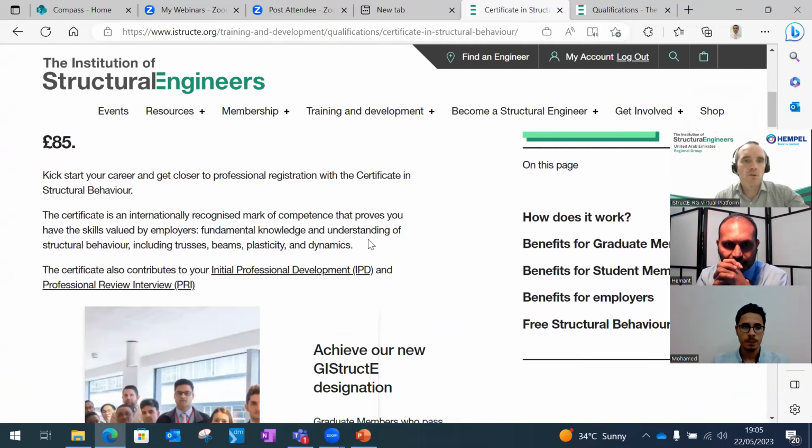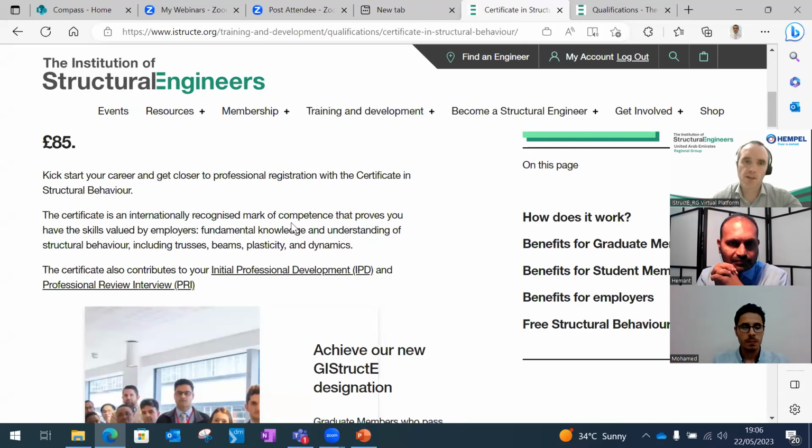So why would you do this exam? If you read this paragraph here, the certificate is an internationally recognized mark of competence that proves that you have skills valued by employers and that you have the fundamental knowledge on how structures behave. So it's about getting recognition for your knowledge, and when you pass the exam, you earn the credentials GIStructE.